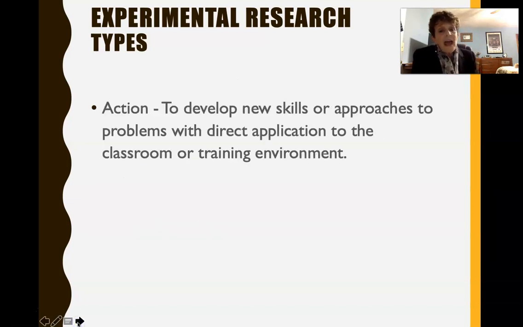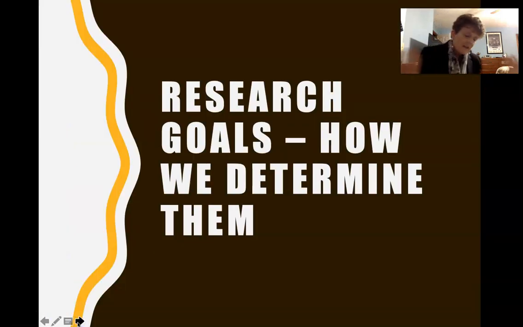Then we have what they call action research, which is to develop new skills or approaches to problems where it's going to have a direct application. It's a new way of doing something, an action that can bring about something different in classes or a training environment.